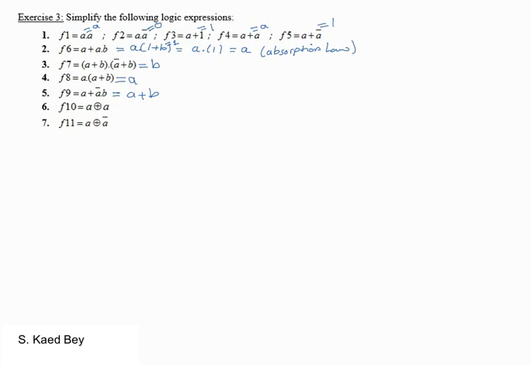Now F10 is A XOR A. Now, in general, if you have A XOR B, the answer will be not A, B, ORed with A, not B. Now, we obtain this relation from the truth table.